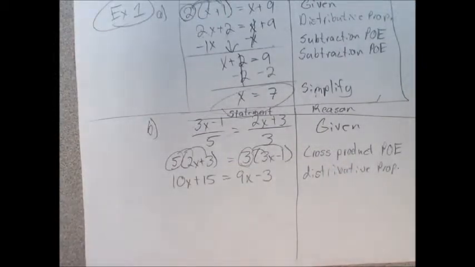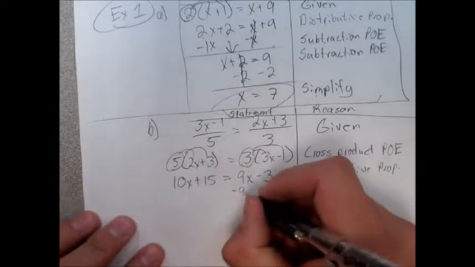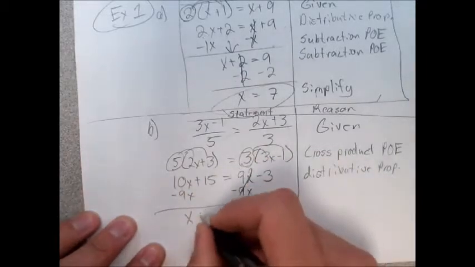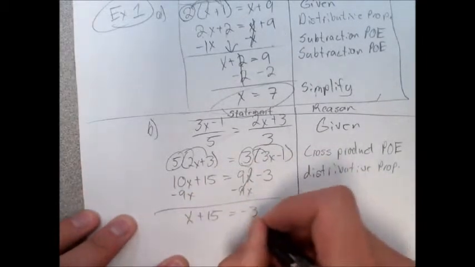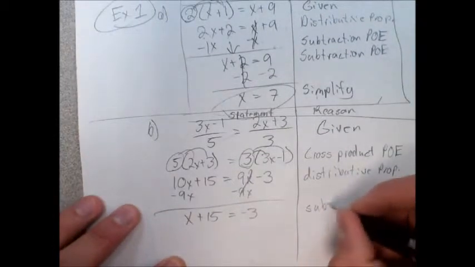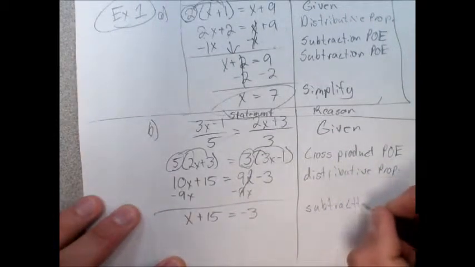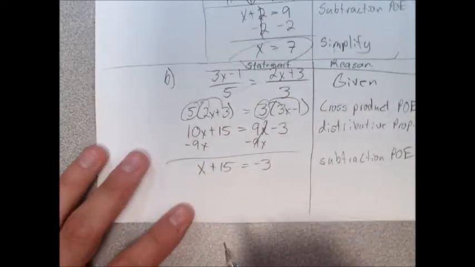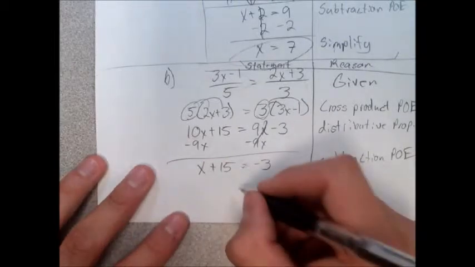Now I have to solve. I need my variables on one side and my numbers on the other. So I'm going to subtract 9x. What property allows me to do that? Subtraction property of equality. And then I need to move what? The 15. So I subtract it again.